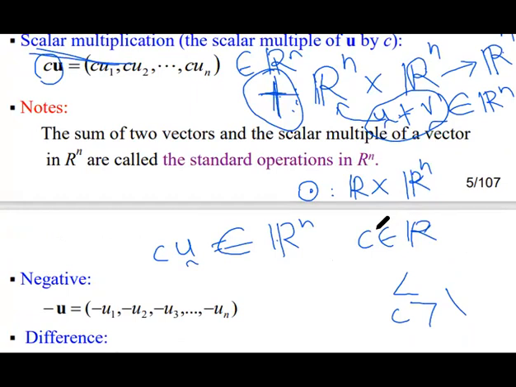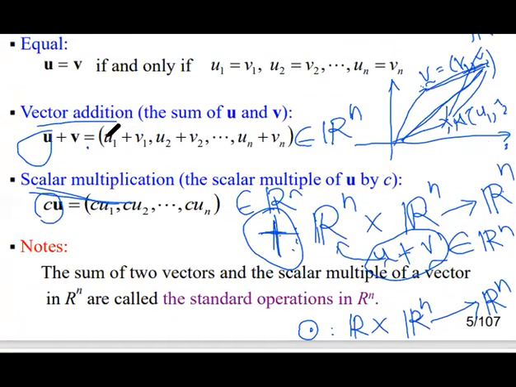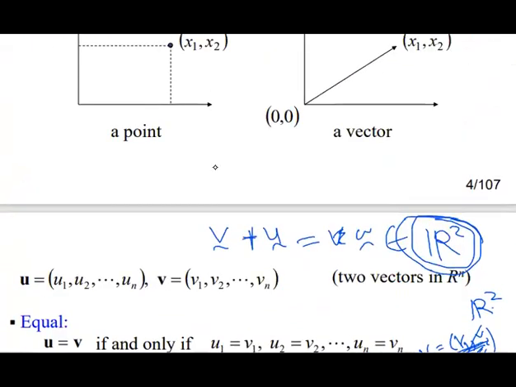What do you get when you do this operation within these two sets? You get another vector in this set.